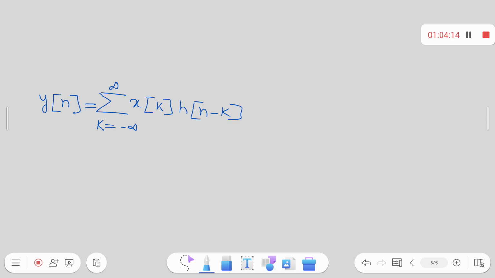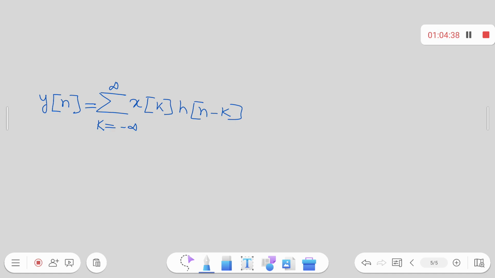Now the question is whether this convolution operation is commutative in nature or not. Do you know what is meant by the commutativity of any operation? Can you give me an example of an operation which is commutative in nature?